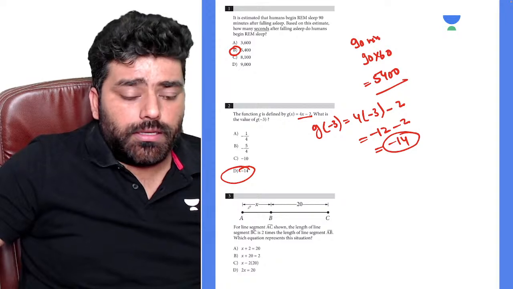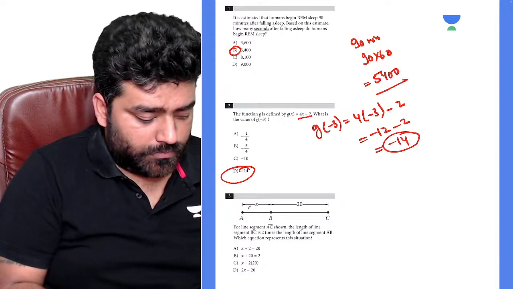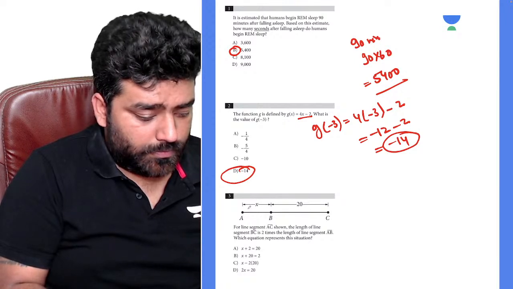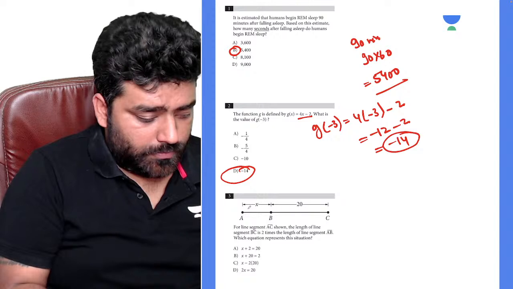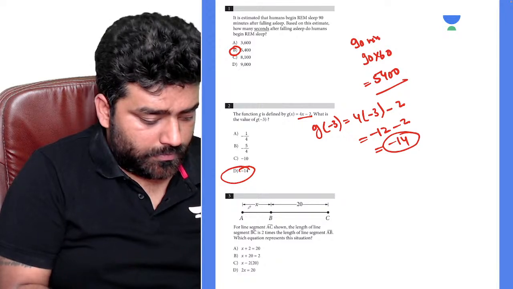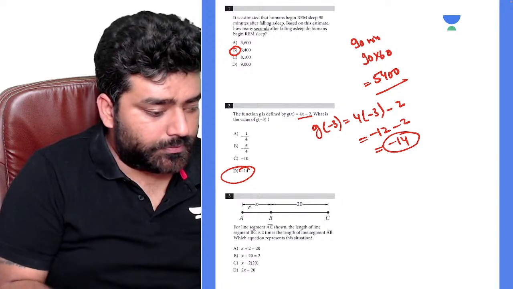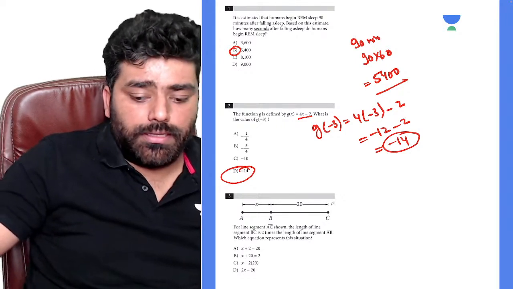Okay, question number 3. What is given to us?